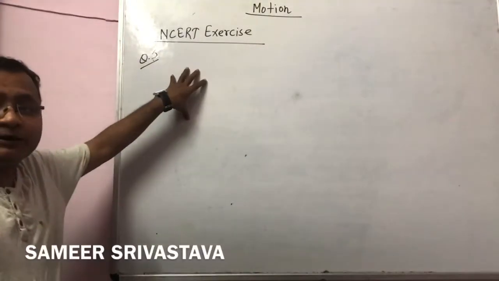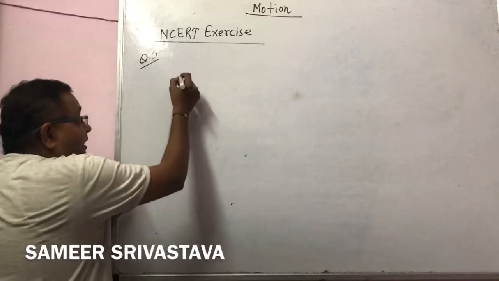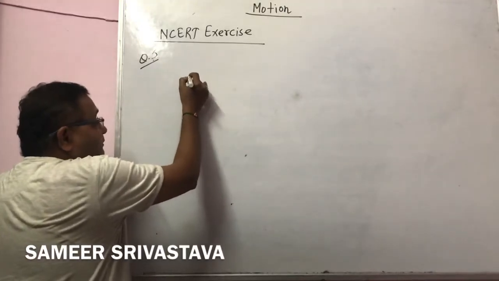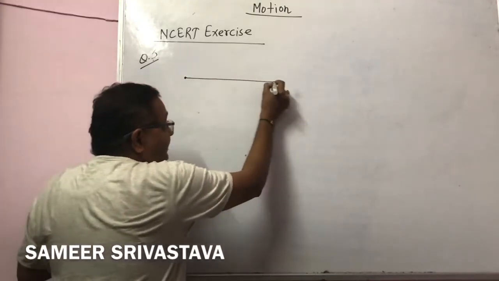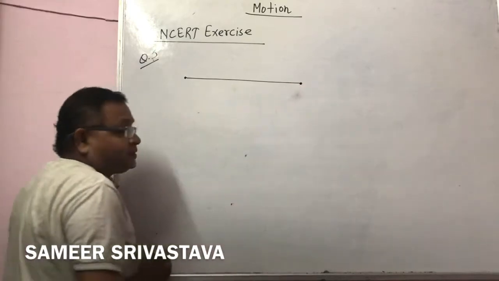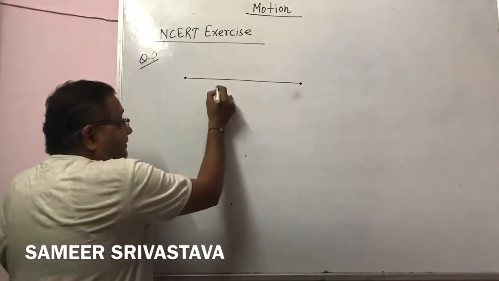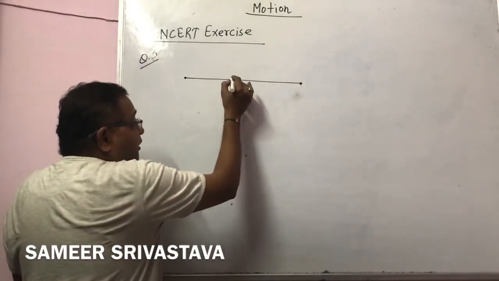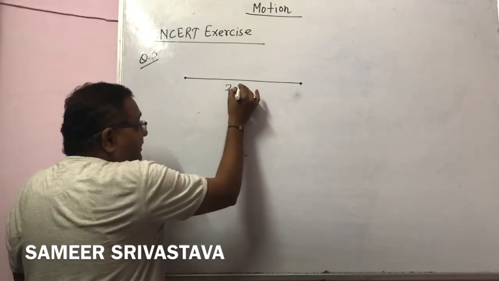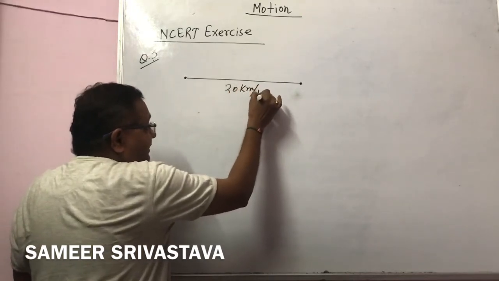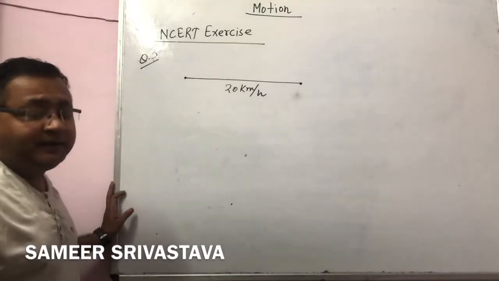Now the third question says Abdul starts moving to school and reaches school with an average speed of 20 kilometer per hour, right?